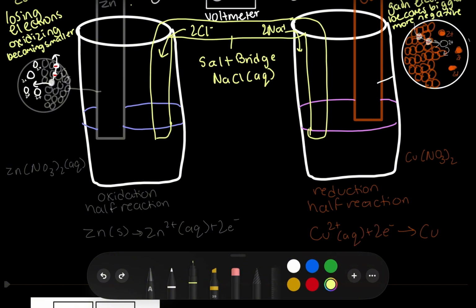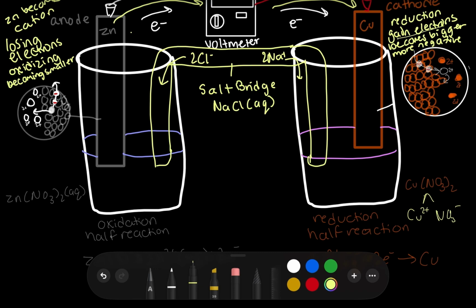Okay, now let's break it down even further. In CuNO3, we have Cu, which is a cation, and we have NO3-, which is a polyatomic ion, or anion. If we're gaining electrons, that means we're getting less and less of copper. We're getting less and less of the positivity. So not only are we losing positivity, but we're getting an excess of NO3 ions in the solution.